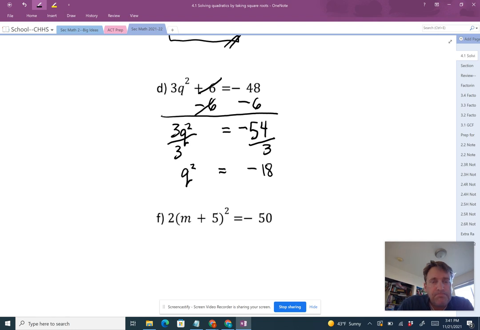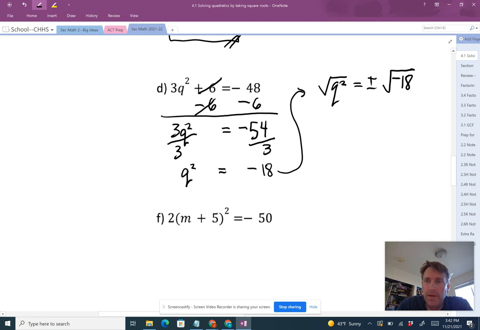Right, 18. And then I take the square root of both sides. I'm going to copy this up here, and I get the square root of q squared is equal to plus or minus the square root of negative 18.